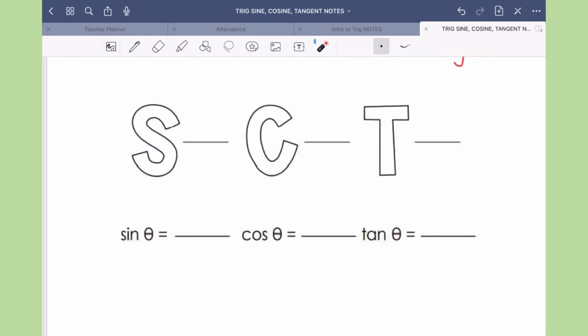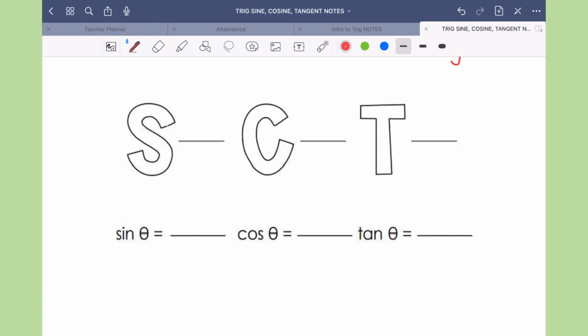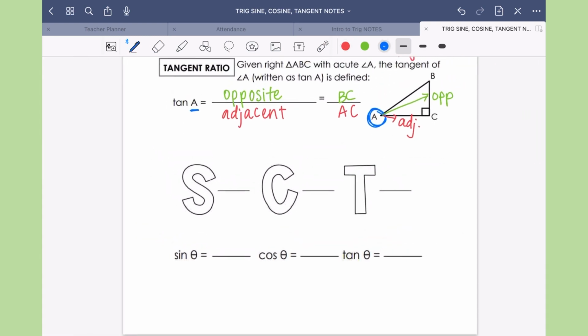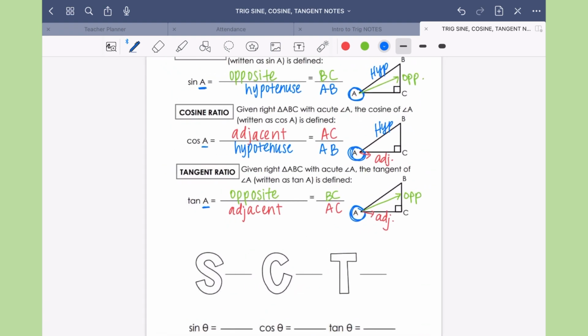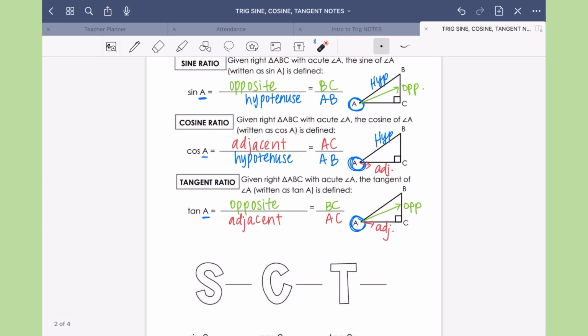A very cool way to memorize these that a lot of math teachers use all the time is SCT, which stands for sine, cosine, and tangent. It's just so we memorize the ratios. Sine is opposite over hypotenuse. Cosine is adjacent over hypotenuse. And tangent is opposite over adjacent. In other words, it reads SOHCAHTOA.